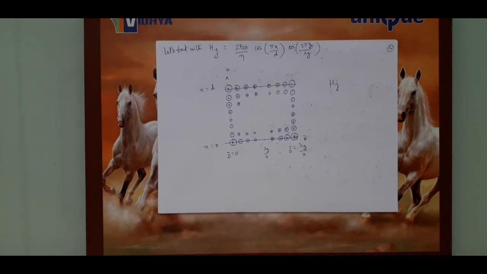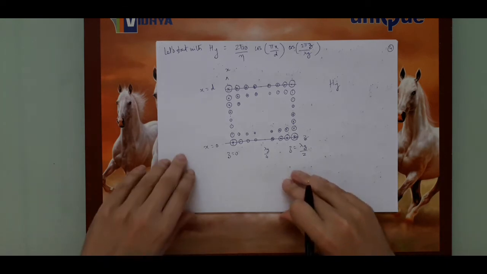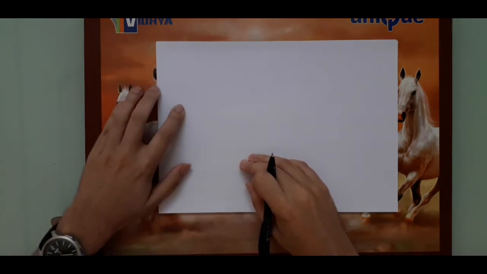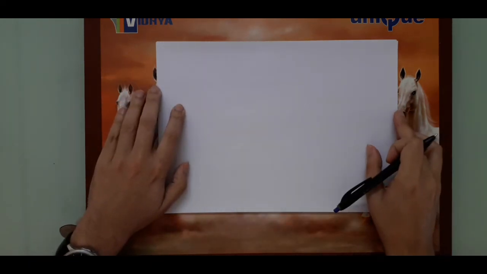So what happens now? We have solved for what the magnetic field looks like. Now it's time to look at the electric field. So the electric field equations we have already written. So what were they? So we have to now look at the magnitude of the electric field.